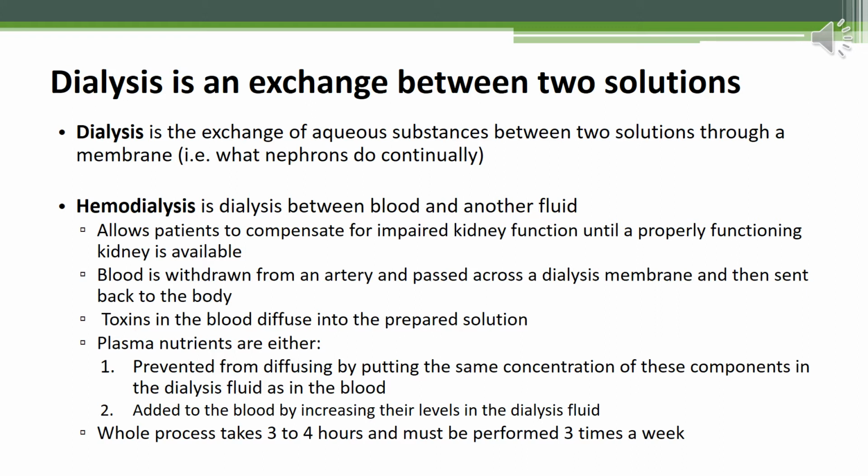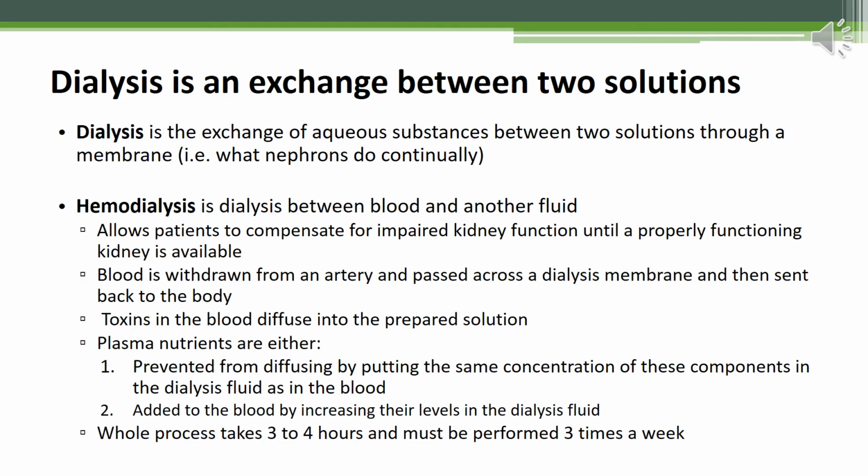And this allows for toxins in the blood to diffuse into the prepared solution in the dialysis machine. And the plasma nutrients are either prevented from diffusing by putting the same concentration of these components in the dialysis fluid as in the blood, or you can add plasma nutrients to the blood by increasing their levels in the dialysis fluid.